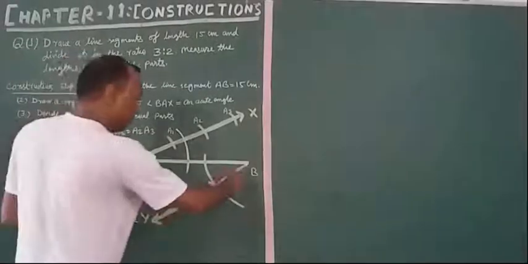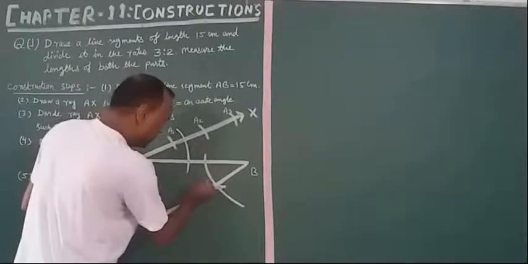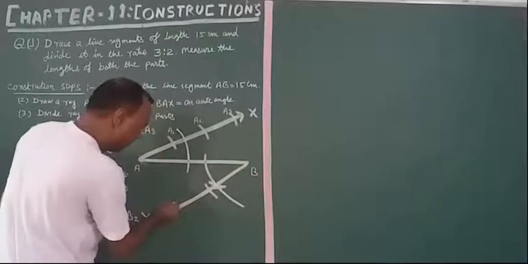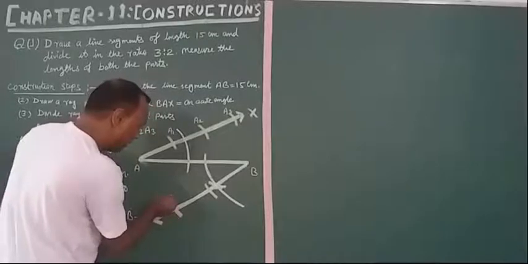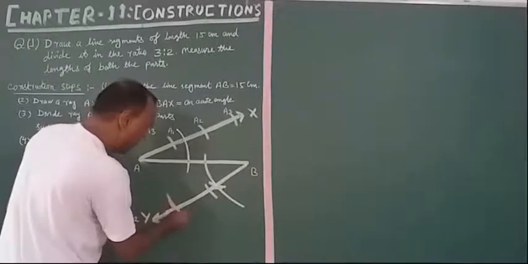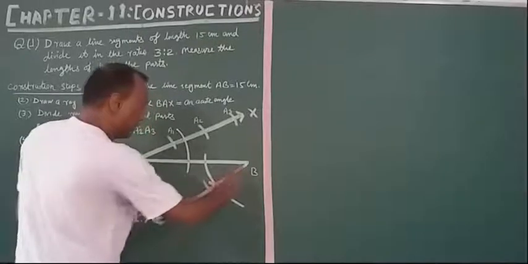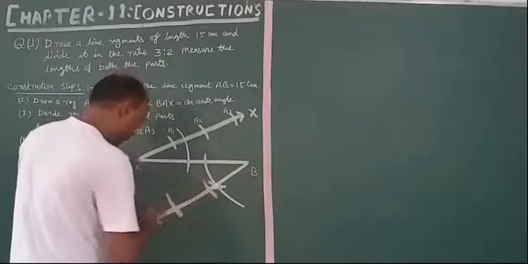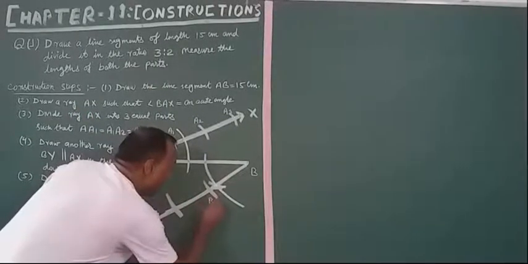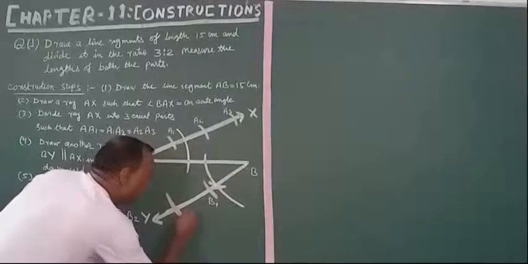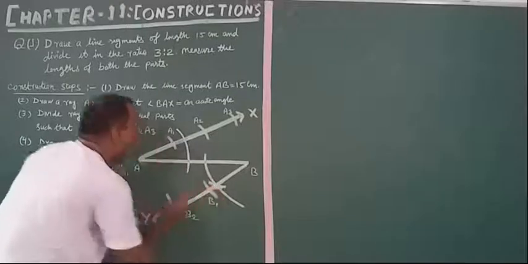Same process we will do from here. We will take a suitable radius, and this is the first part and this is the second part. From here we will choose a radius, and then these are the points B1 and B2.